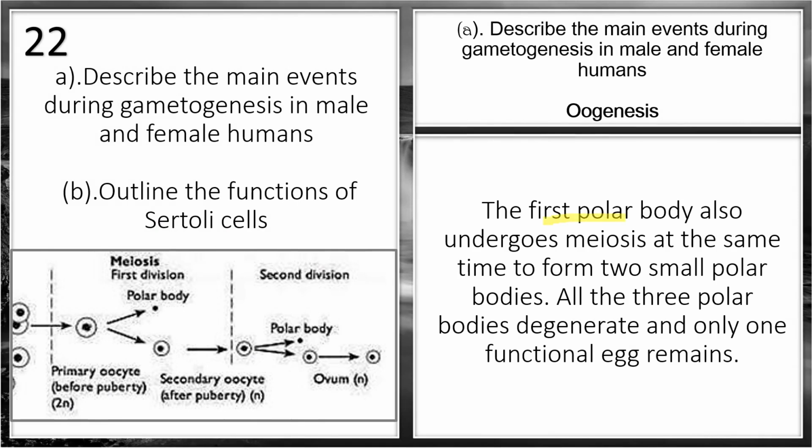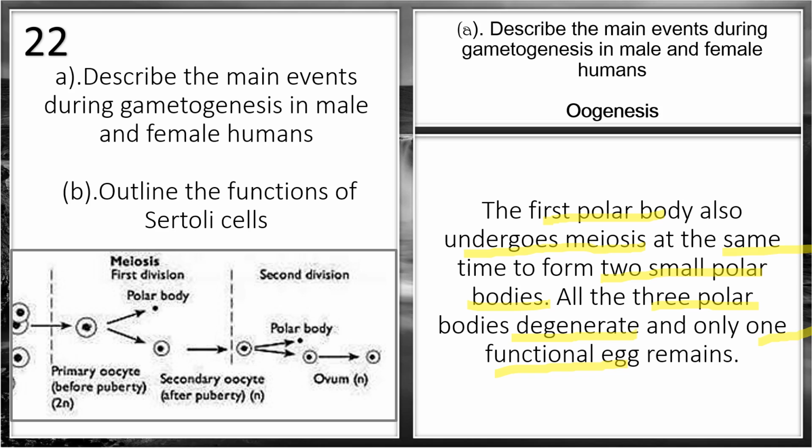The first polar body also undergoes meiosis at the same time to form two smaller polar bodies. All the three polar bodies degenerate and only one functional egg remains.